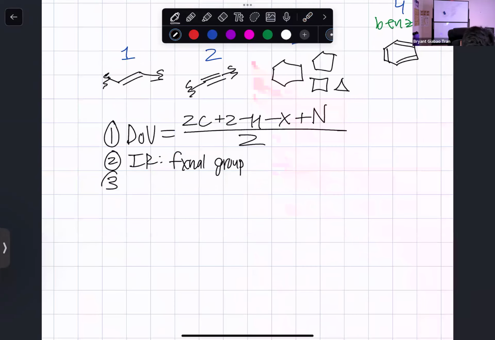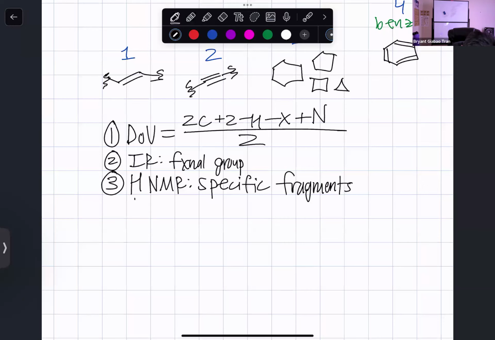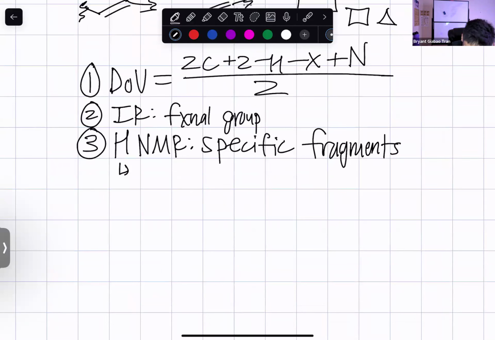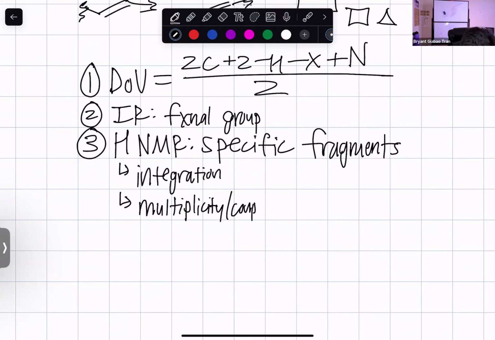Number 3, I would look for the HNMR specific fragments using a lot of different tools, which is integration, how many hydrogens are in each unique peak, multiplicity or coupling, or the n+1 rule, which will show you the number of neighbors that a peak has, right?